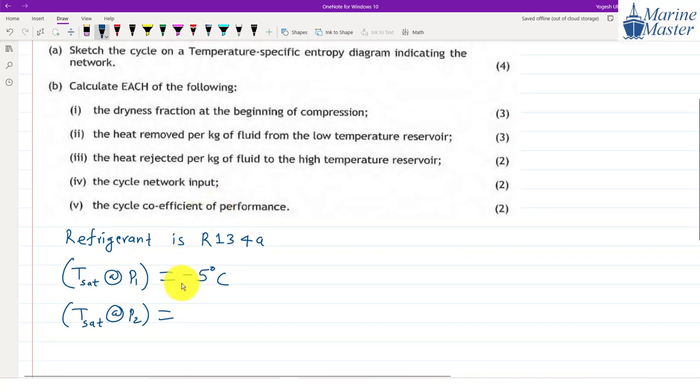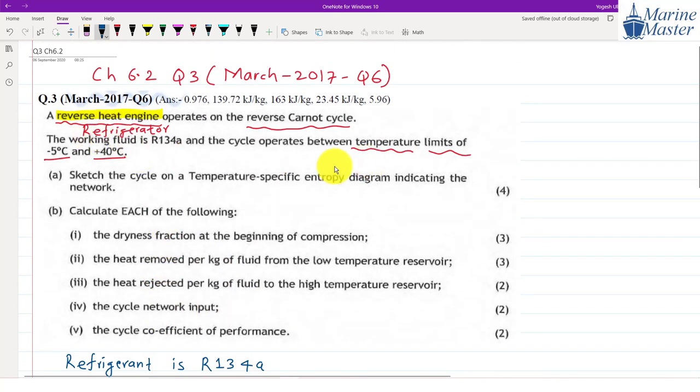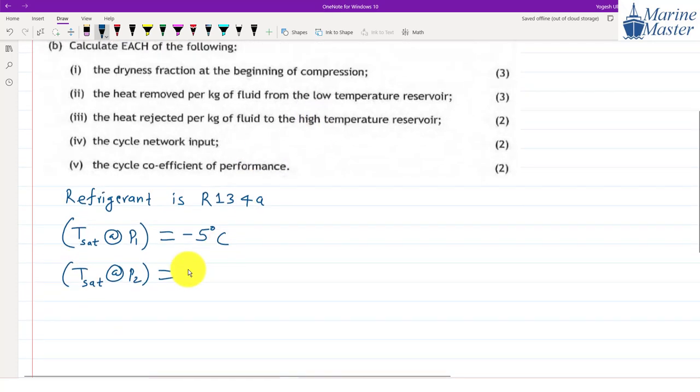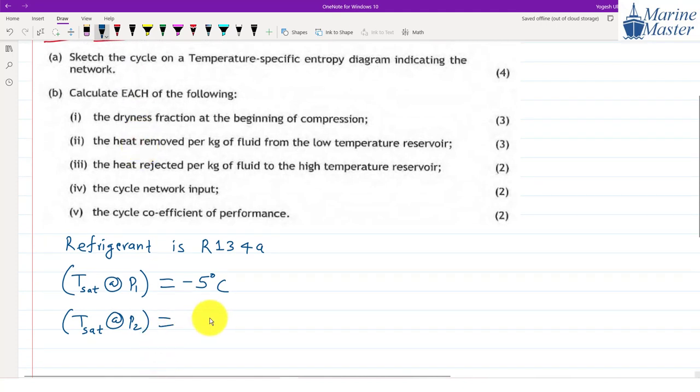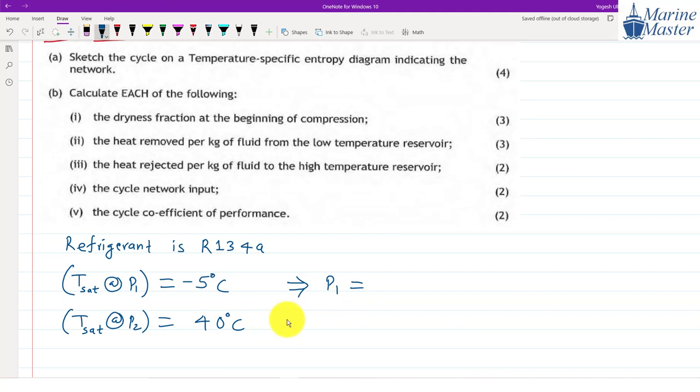Instead of giving us pressure, they have given us temperature limits. From this we will get our P1 pressure, and from here we will get P2 pressure, guys.